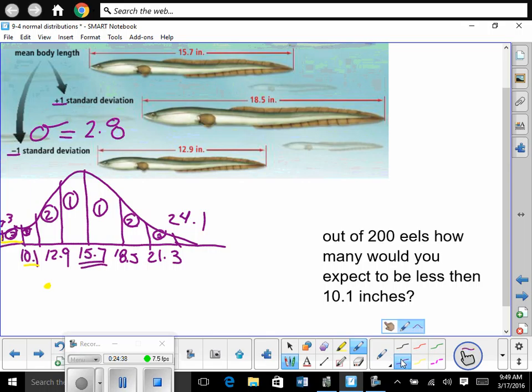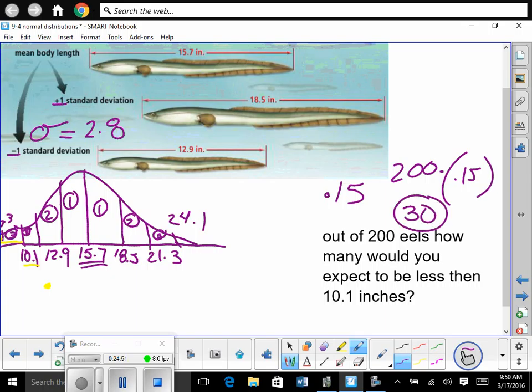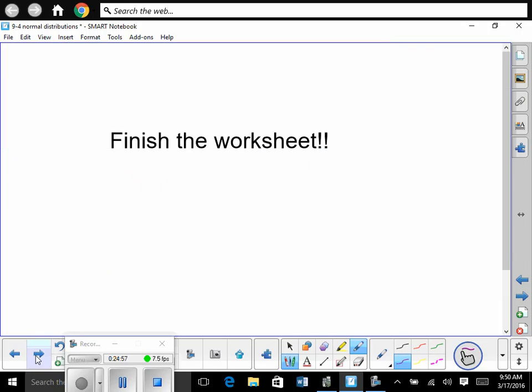Good, 0.15, right? So let's take our 200 and times it by 0.15. How many eels? 30. 30 eels. Does everybody understand how to do it and how to apply it? Okay. That's it. Finish the worksheet.